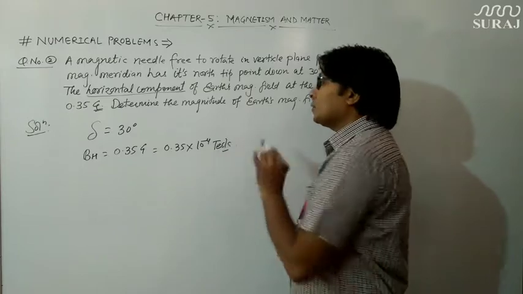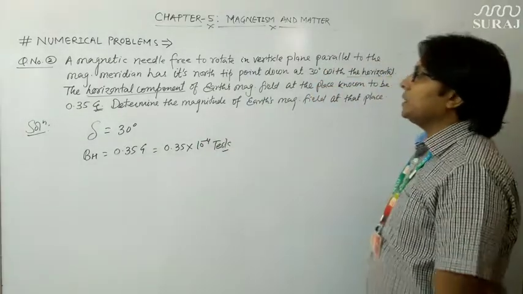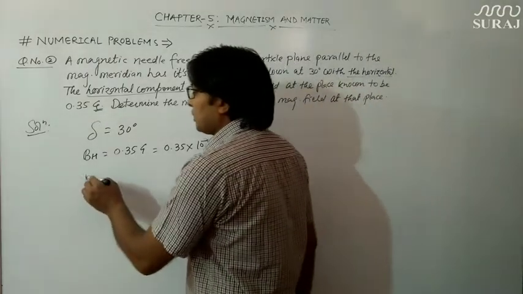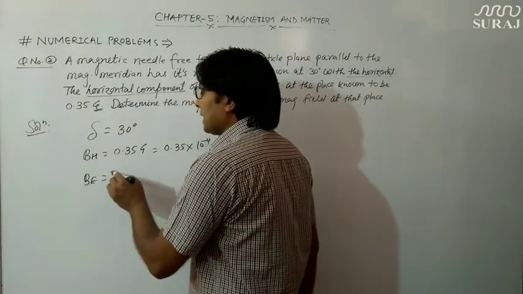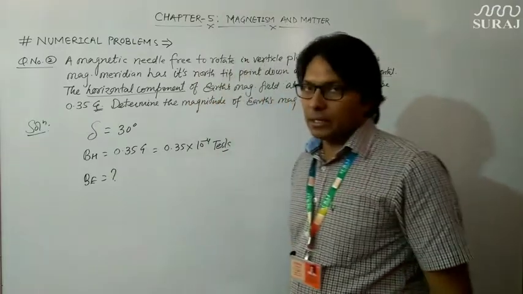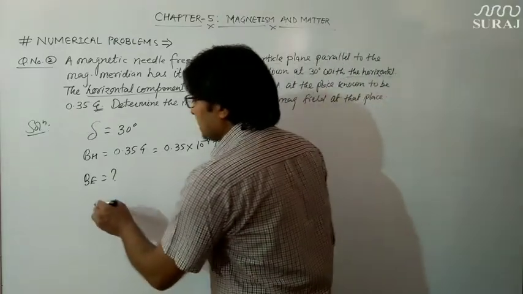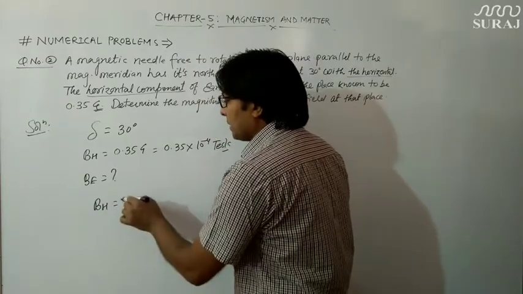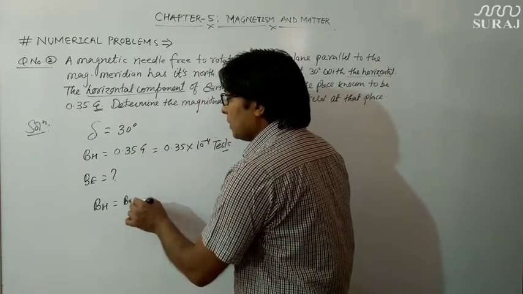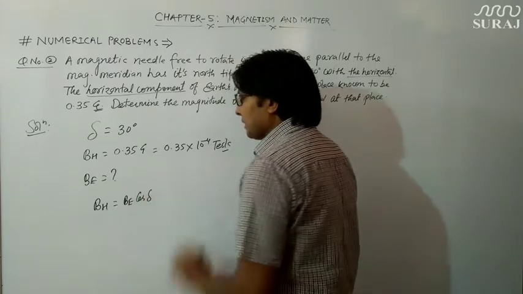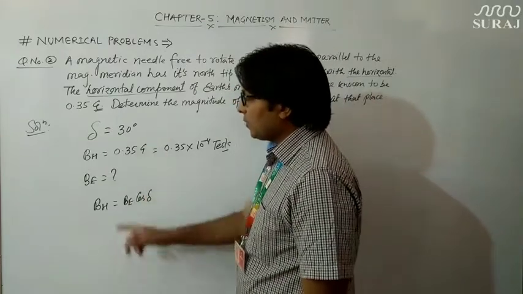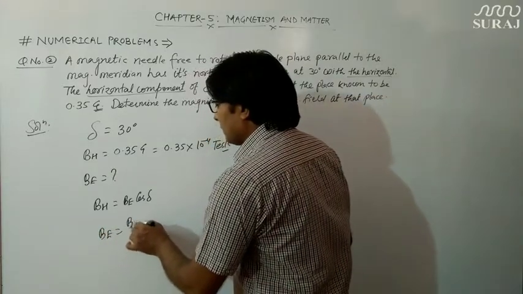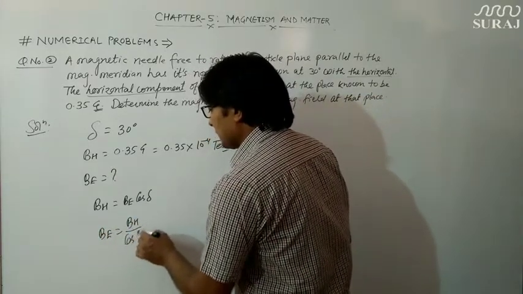Now what we have to find out: determine the magnitude of Earth's magnetic field at that place. So we have to find the magnitude of the overall Earth's magnetic field at that place, that is BE. We know the relation between Earth's horizontal component and Earth's overall magnetic field: BH is equal to BE cos delta. We have been given delta and BH, so BE can be calculated simply by dividing BH by cos delta.